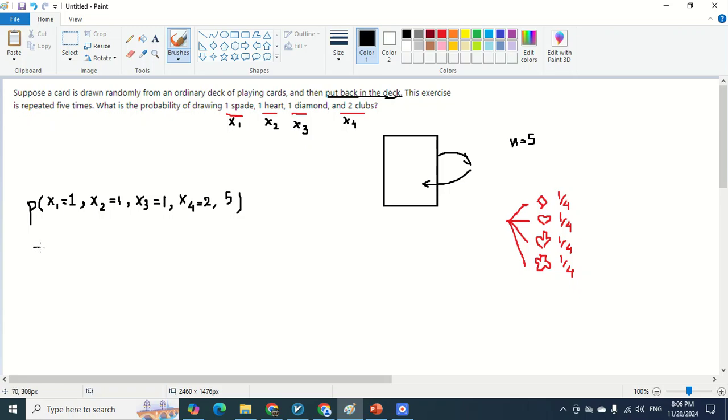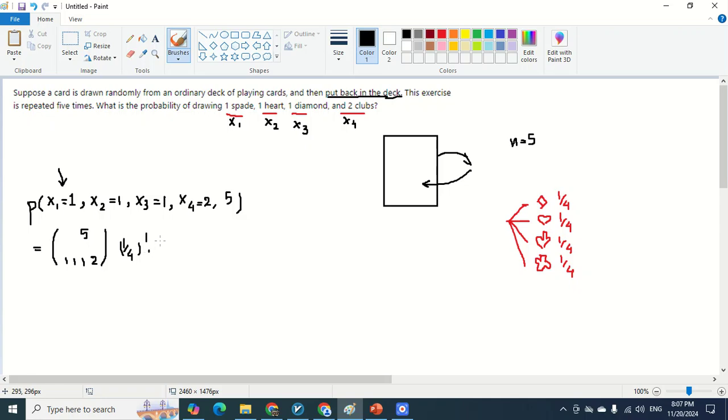To calculate this probability, you should use a multinomial coefficient, writing 1, 1, 1 and 2 at the bottom and 5 at the top, meaning 5 choose 1, 1, 1 and 2. Then the probability of the first event, which is 1/4, to the power of the repetition of that event, which is 1.